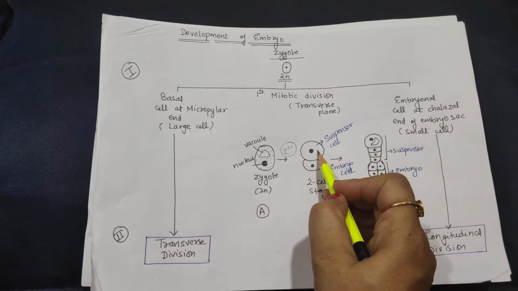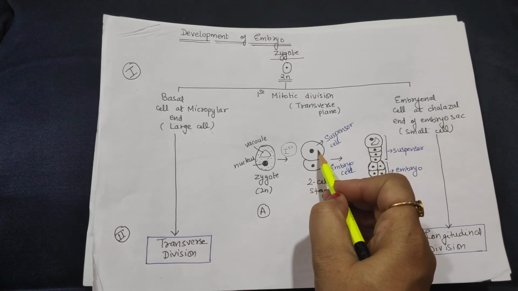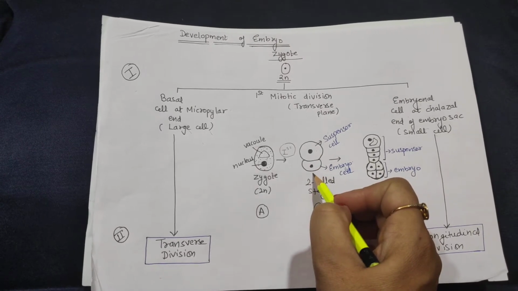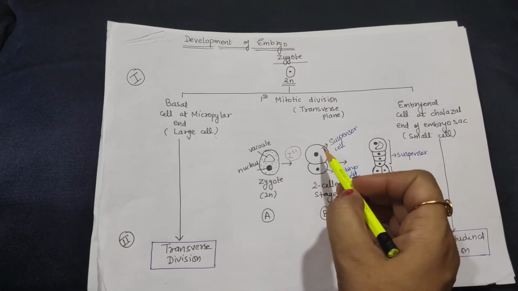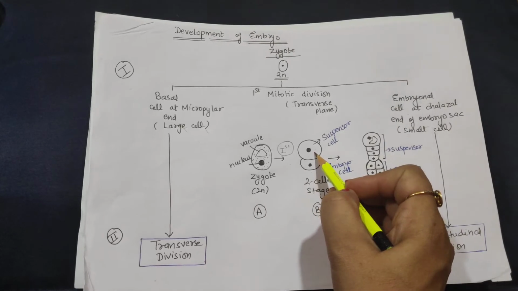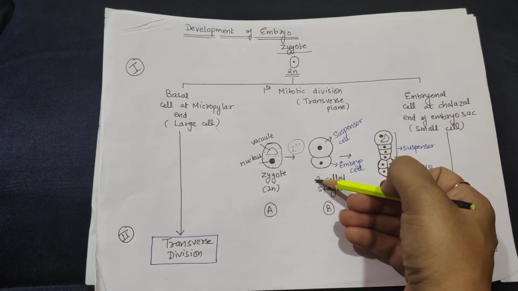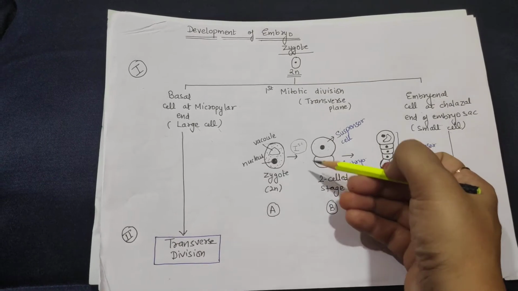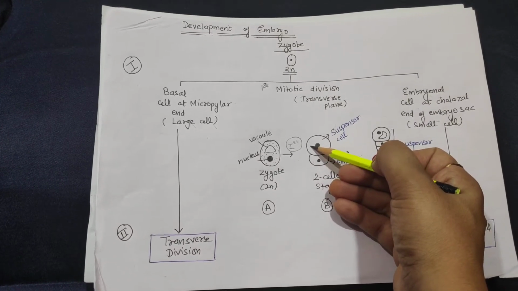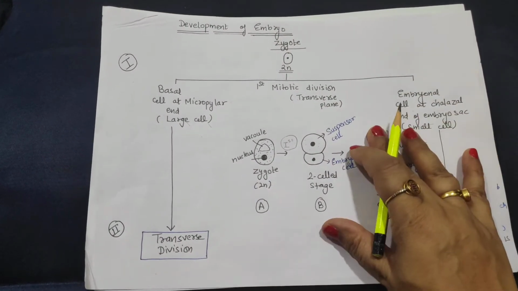One is called the basal cell, the suspensor cell, and another is called the embryonal cell. In the NCERT book, this diagram is given just reversed. Suspensor is shown at this end and embryonal is shown at that end, so there is no confusion.